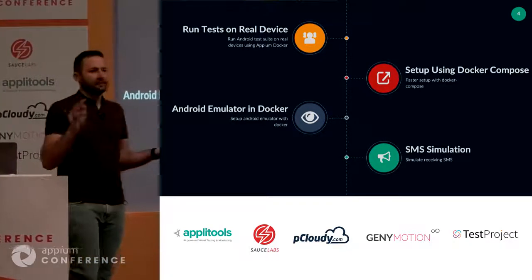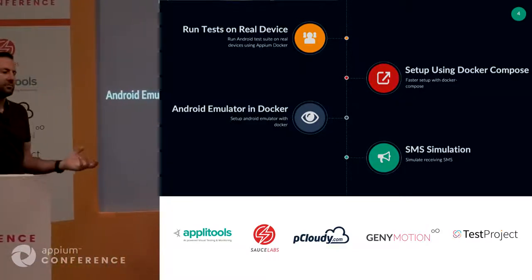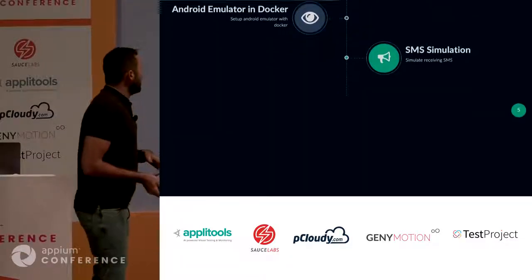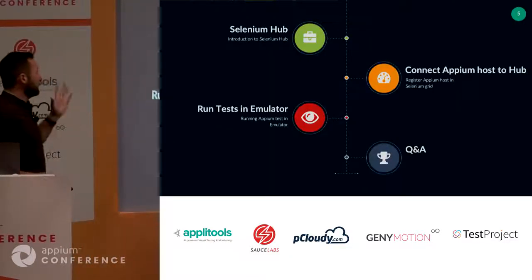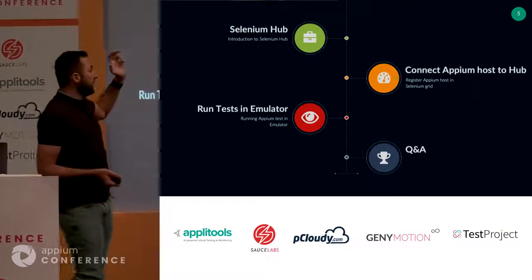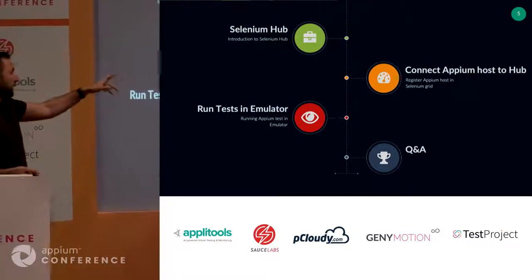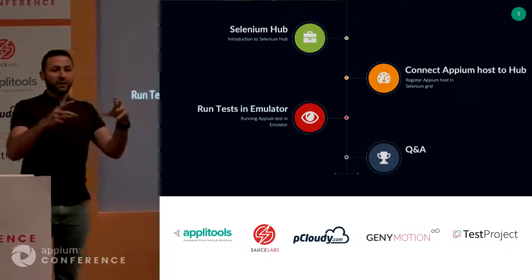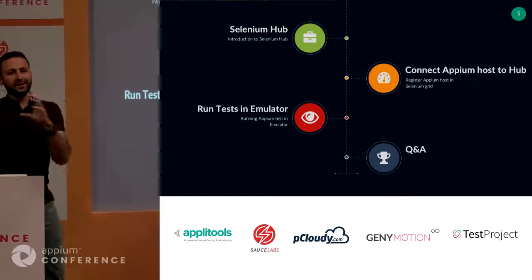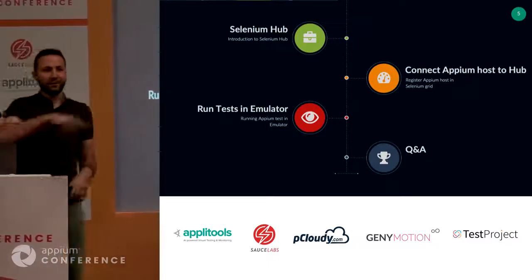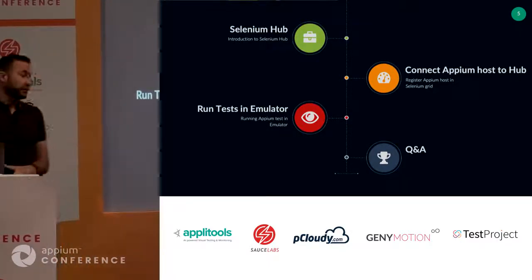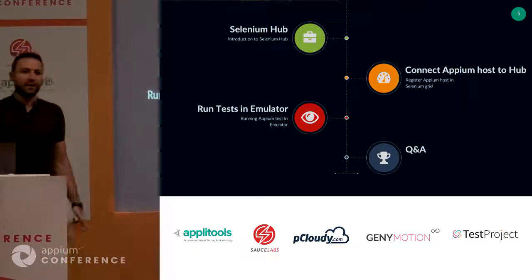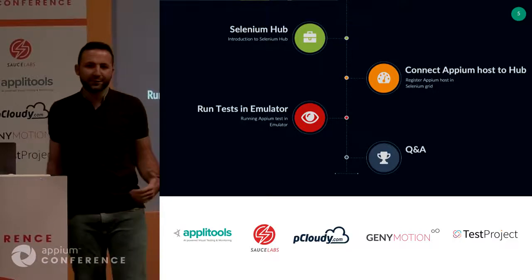I will show some tricks, how to connect via Wi-Fi or how to simulate the SMS. And then in the end, we'll connect it to the Selenium Hub and with the host. Then we'll run the tests through the Appium Docker and the emulator inside the Docker. We'll connect everything together and run everything Dockerized. And then I hope we'll have a short time for question and answer.